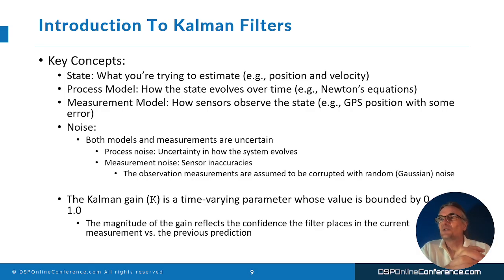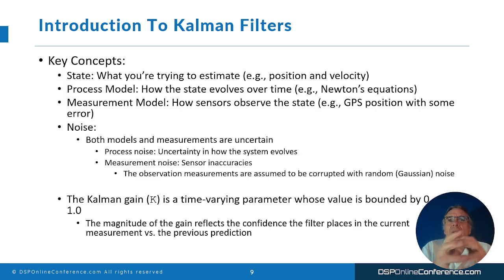Obviously using Newton's equations if it's equations of motion, if it's a particle or an object moving. The measurement model is how sensors observe the state: GPS, transducer, whatever your transducer is, how is it observing the state, and what noise levels do we have, etc.